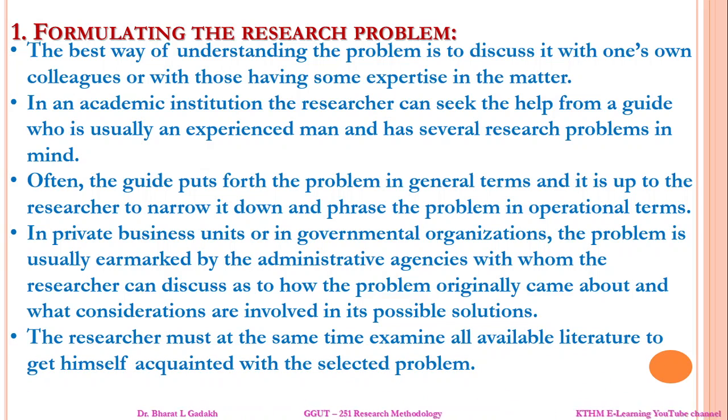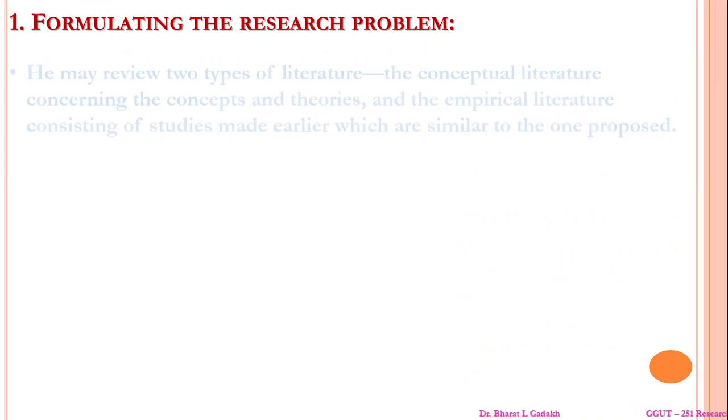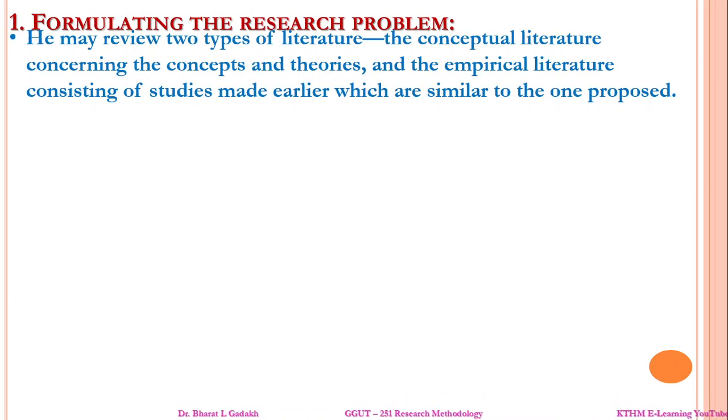Now, the researcher must at the same time examine all available literature to get himself acquainted with the selected problem. He may review two types of literature: the conceptual literature concerning concepts and theories, and the empirical literature consisting of studies made earlier which are similar to the one proposed.